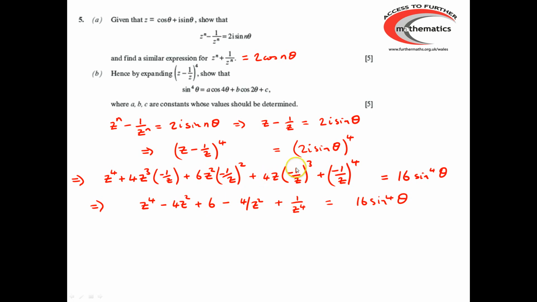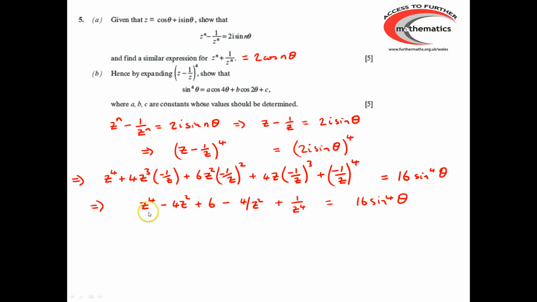Moving to the fourth term, minus 1 over z cubed times z is minus 1 over z squared, so the whole thing comes out to be minus 4 over z squared. Minus 1 over z to the power 4 just ends up giving us 1 over z to the power 4. So we've got z to the 4 minus 4z squared plus 6 minus 4 over z squared plus 1 over z to the 4 equals 16 sine to the 4 theta.